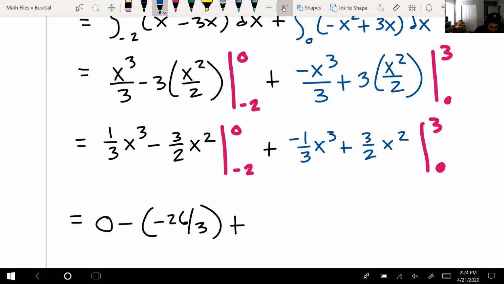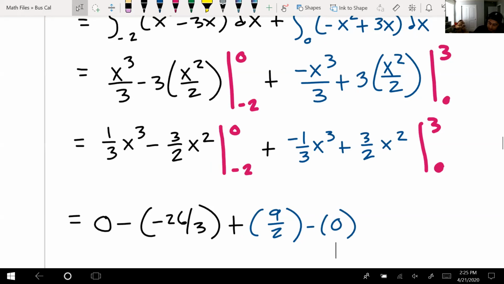Type in 3, I get 9/2, minus, and type in 0, we get 0. Okay. Put it together.